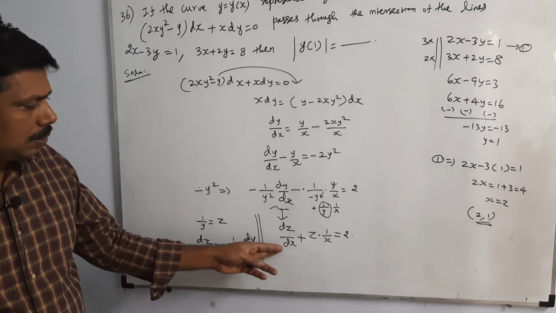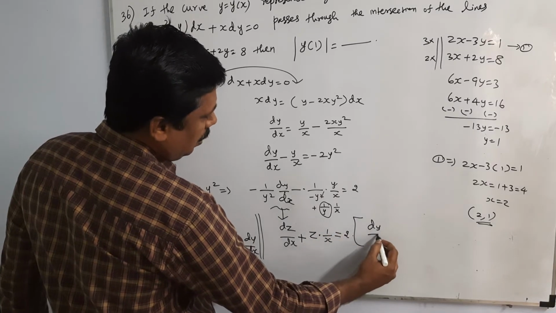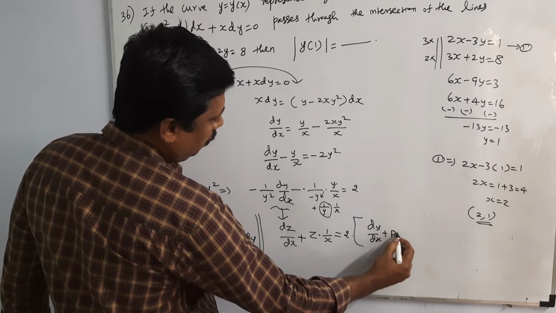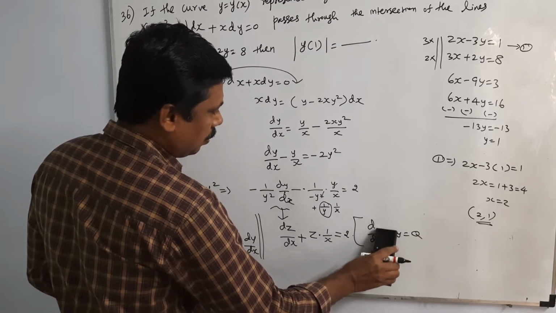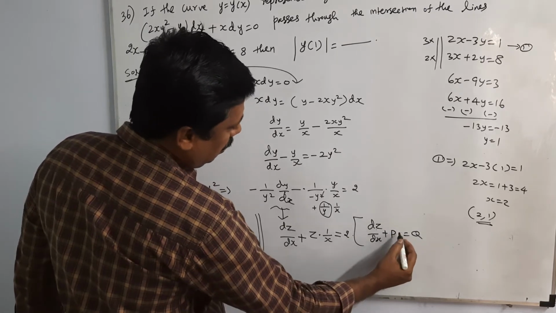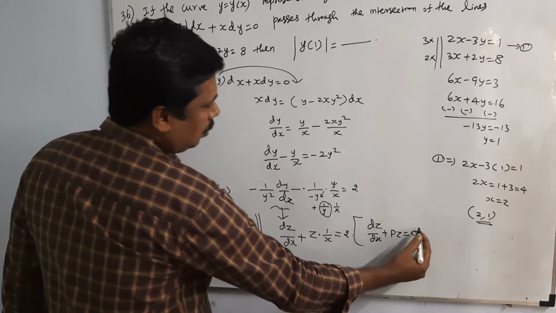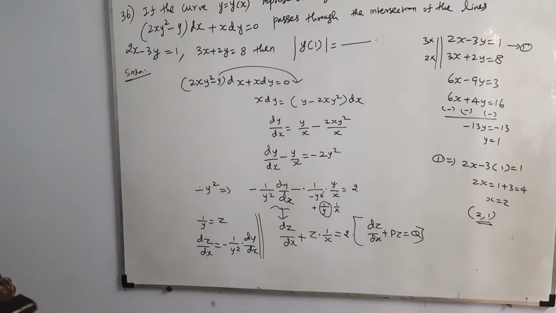Now we apply this form: du by dx plus py equal to q. That is dz by dx plus pz equal to q. This is a linear differential equation.